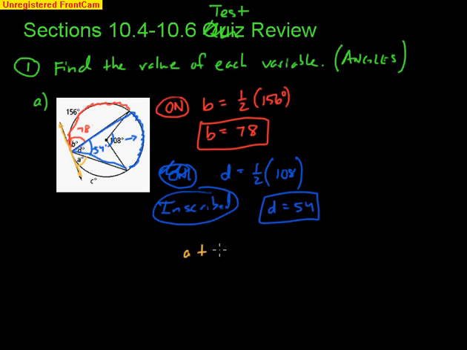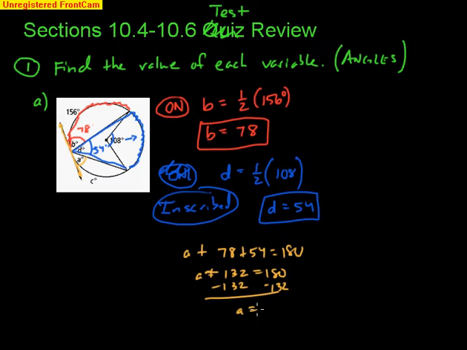A plus 78 plus 54 should equal 180. Supplementary angles, or angle addition. So A is 78 plus 54. That's 132. So A plus 132 equals 180, and we'll subtract 132 from both sides. A is 48.